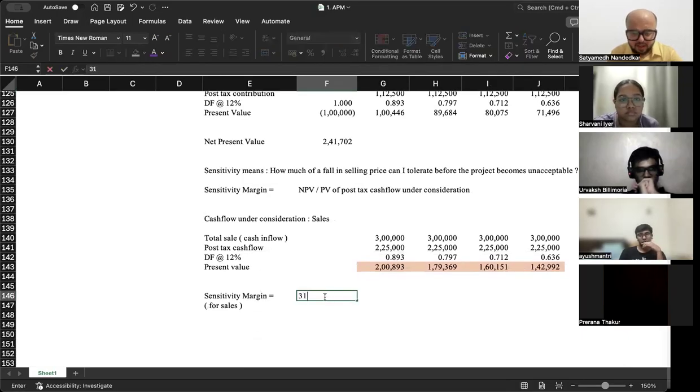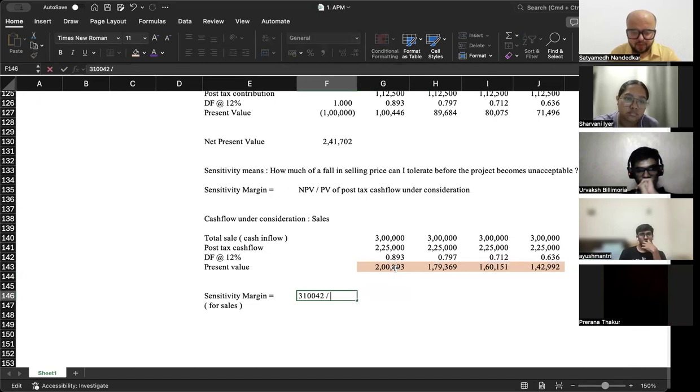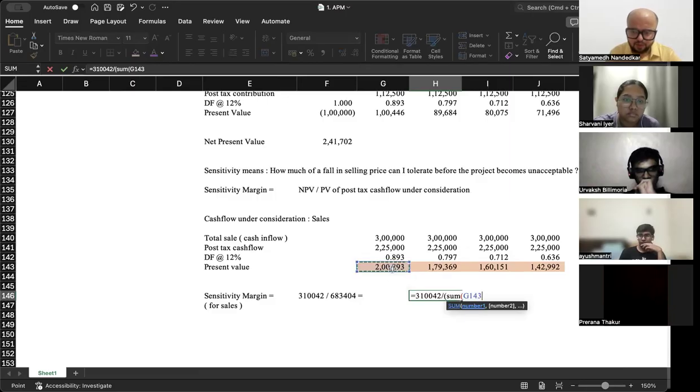So I will take 310042 divided by total of these four. That is 683,404. 310042 divided by sum of these.